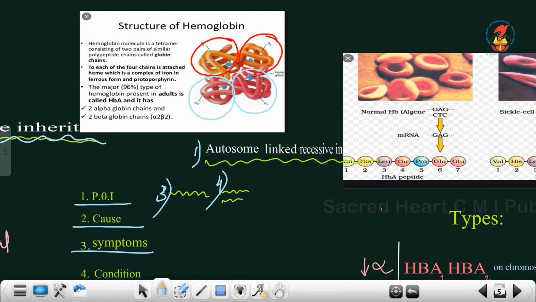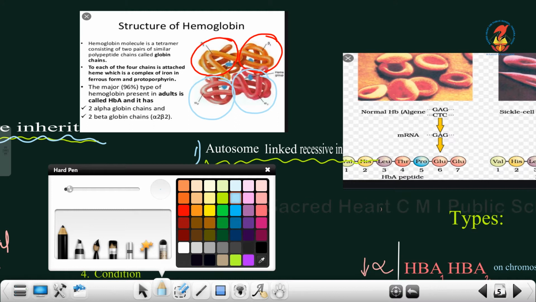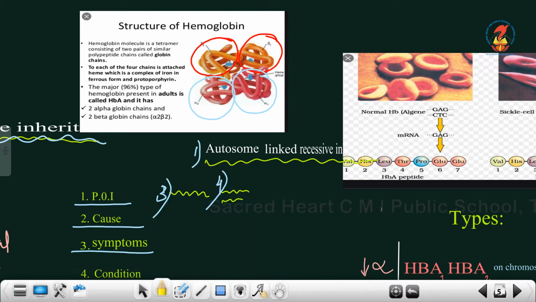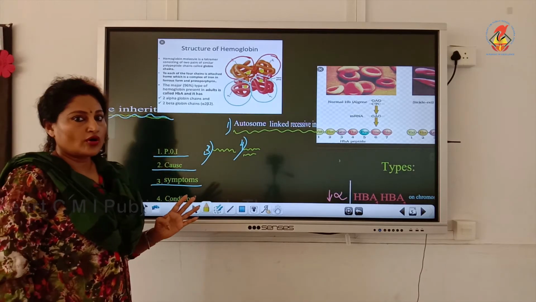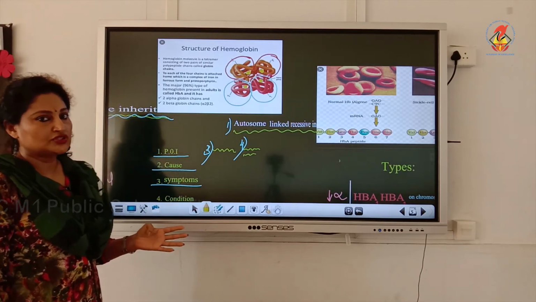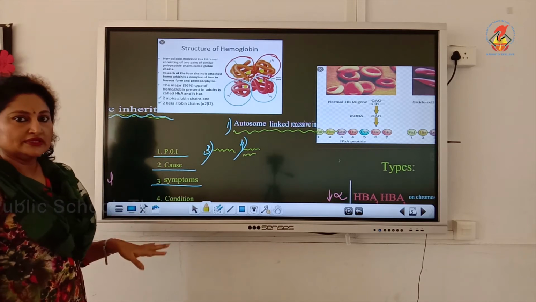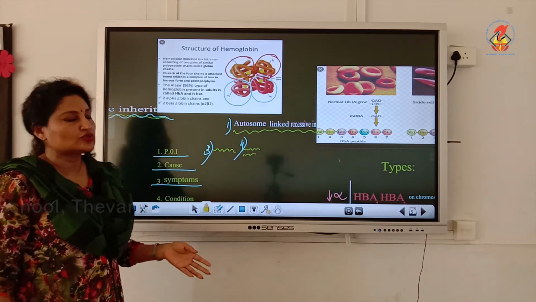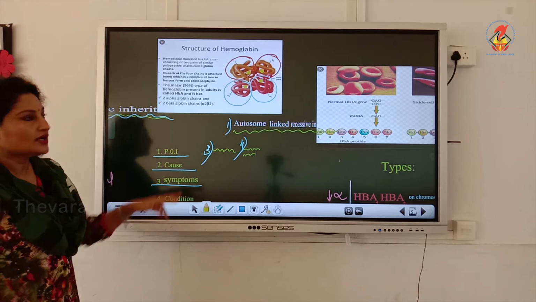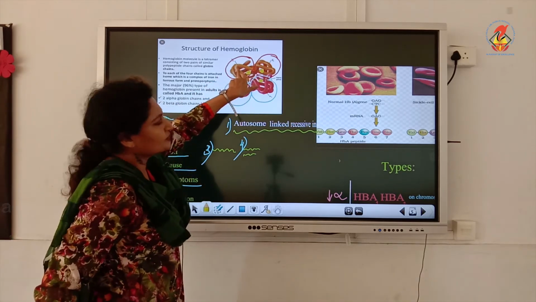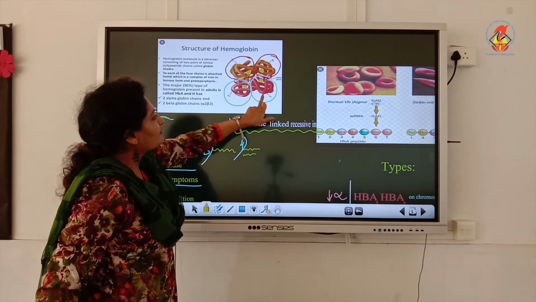And you can see the heme units given as blue discs. So once again, hemoglobin comprises 4 globin chains, 2 alphas and 2 betas. The alphas are called alpha 1, alpha 2, and the betas are called beta 1, beta 2. See beta 1, beta 2, which is in yellow, and alpha 1 and alpha 2.